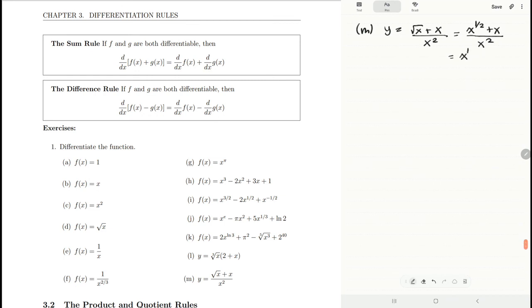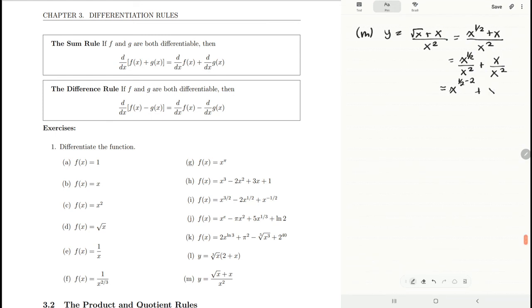We have x to the 1/2 over x squared plus x over x squared. And if we use the law of exponents, we can simplify this by subtracting the exponents. So x to the 1/2 over x squared is x to the 1/2 minus 2.